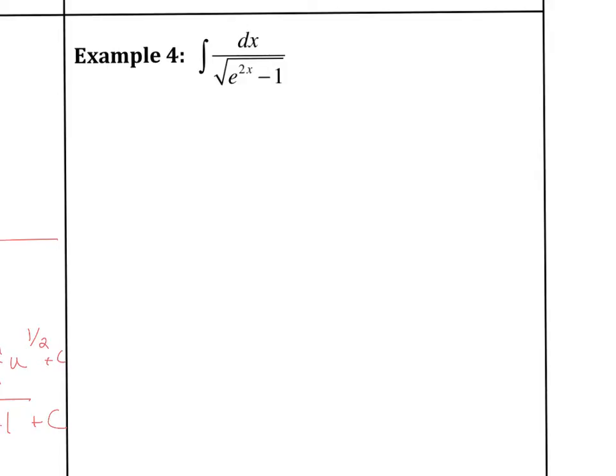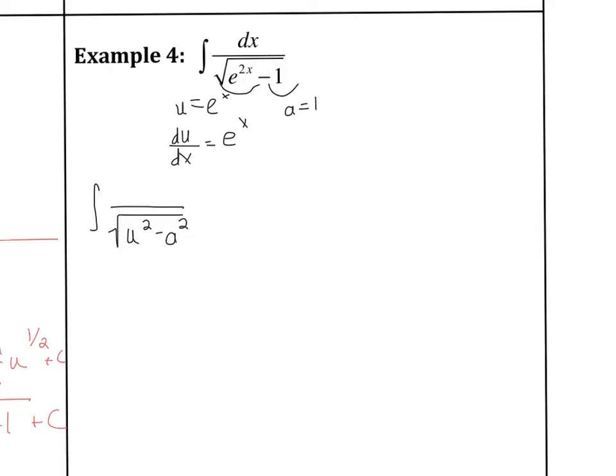Let's see what happens. If we were going to do inverse trig from this term, we would have that u is e to the x, because we have u squared there. And from here, we would gather that a is 1. And here, du dx is e to the x. Fantastic. So let's start to rewrite. I will start by writing, in the bottom, the square root of u squared minus a squared.